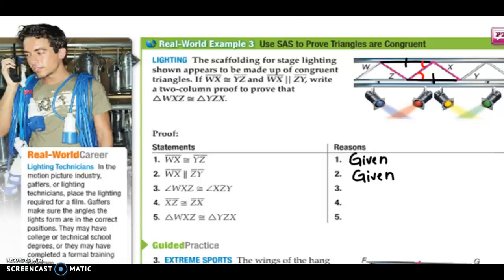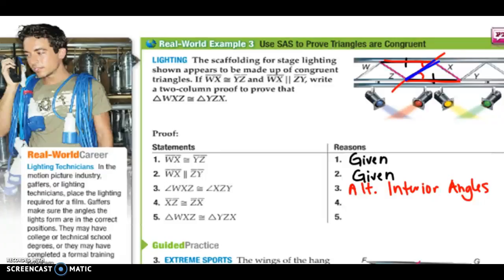Now, why would those be congruent? Well, since we know that WX is parallel to YZ, and there's this transversal that cuts it in the middle, those two angles are alternating interior angles. So alternating interior angles are going to be congruent. Also, it says that side XZ is congruent to ZX. So that's not the reflexive. Reflexive would be XZ is congruent to XZ.